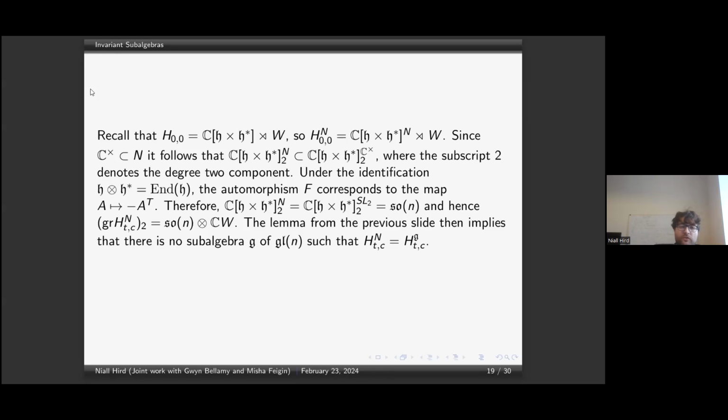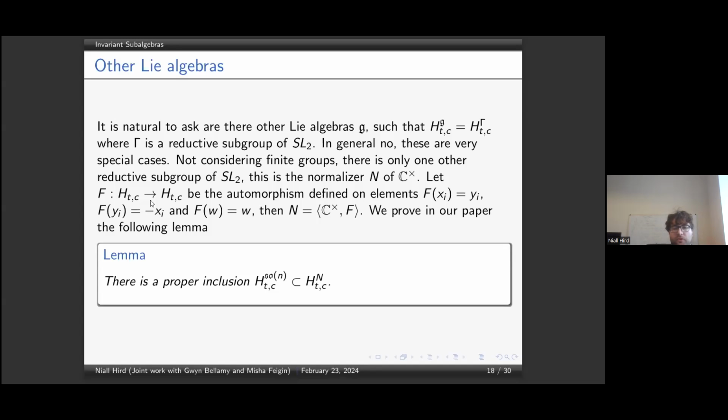And so when we think of the associated graded, the degree 2 part, it should look like SON tensor our group algebra. So if there was going to be some Lie algebra G, so that H upper G is the same as Hn, then it would have to be SON for this to be true. But we know that can't be possible because this is a proper inclusion.